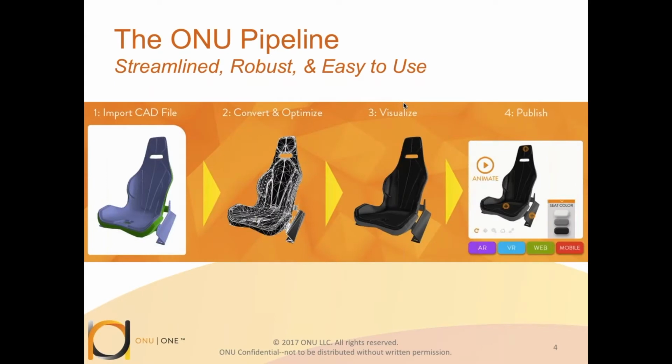In terms of the way we work, well, it's pretty straightforward. You upload your CAD file to our cloud platform, and then we push it through using that patent pending technology again in a step that we call our Convert and Optimize product. And we'll really be getting into the details of what that involves in a few minutes.